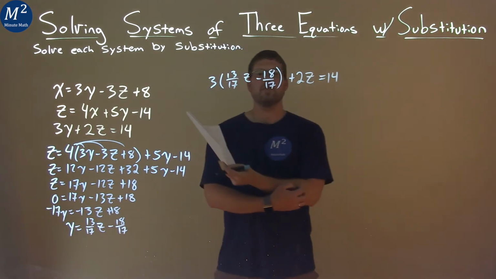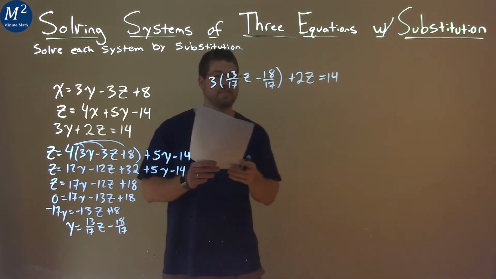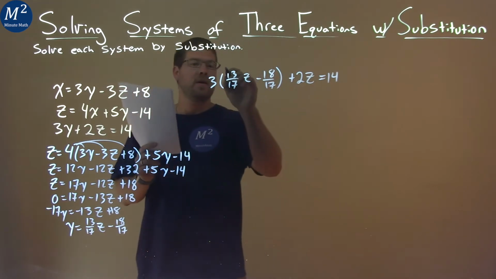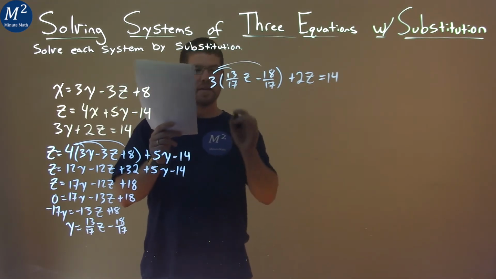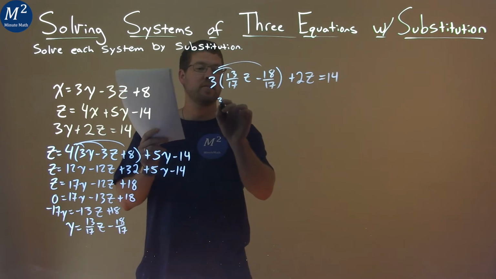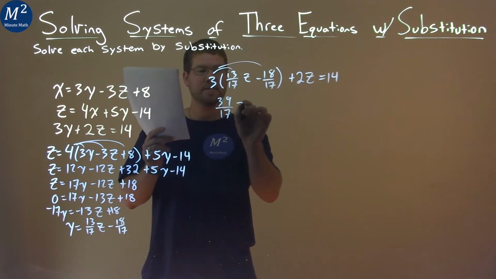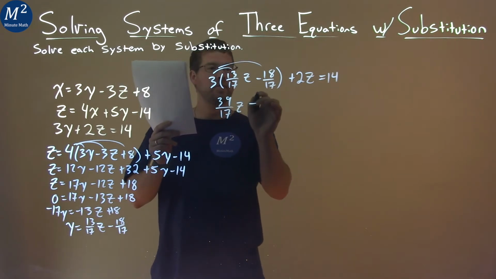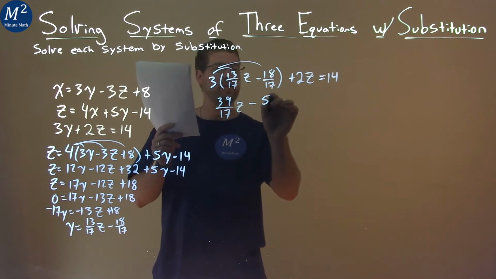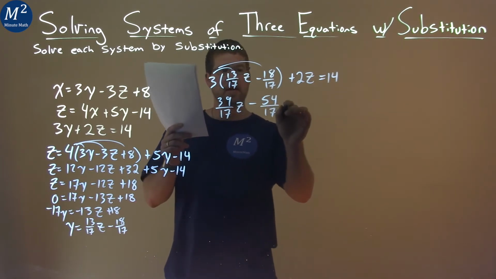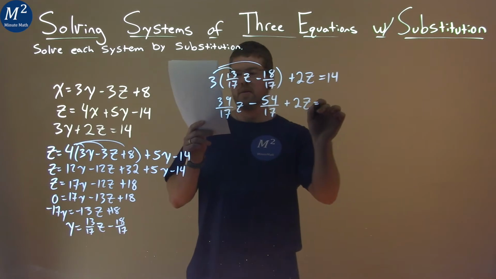And now we have to solve for z, and we're going to do it. Multiply 3 to both parts here, and 3 times 13 over 17 is 39 over 17 z, minus 3 times 18 is 54 over 17. And then we have plus 2z equals 14.